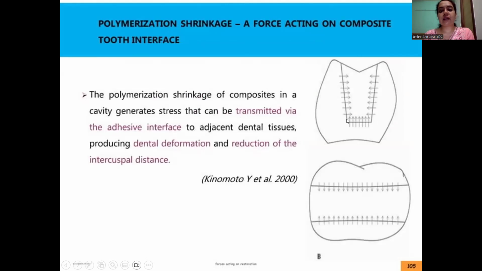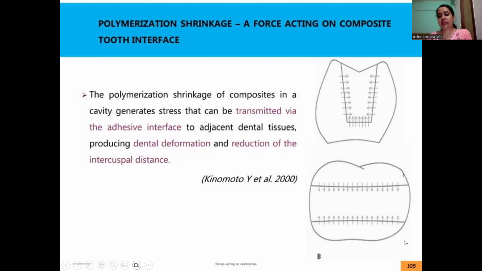Another key factor in case of composite is the polymerization shrinkage. Over a longer period of time, the composite material tends to shrink. So the polymerization shrinkage of composites in the cavity generates a stress that can be transmitted via the adhesive interface to the adjacent tooth structures.